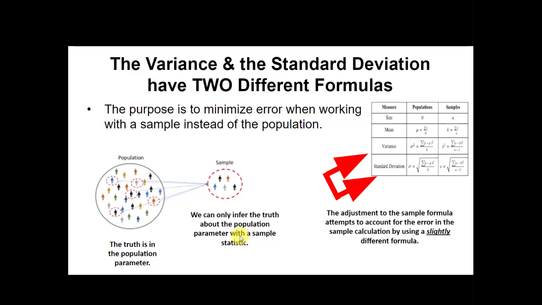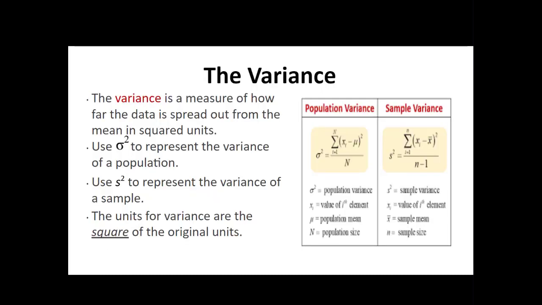So by changing the formula for both the variance and the standard deviation when you're working with a sample, it starts to account for that error. For this class, we really just work with sample formulas, so unless you're told differently, only work with the sample formula.